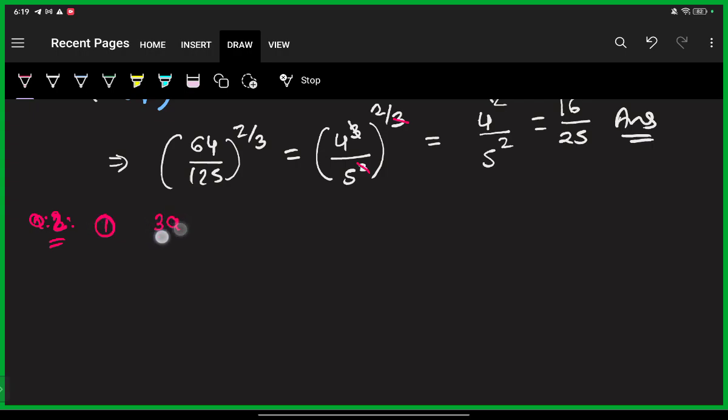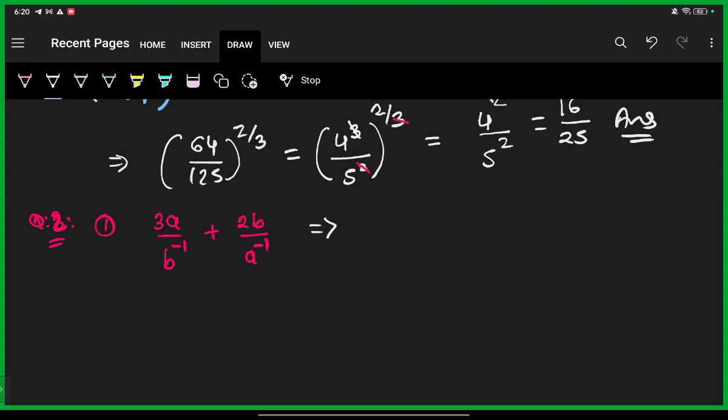3a divided by b raised to minus 1 plus 2b divided by a raised to minus 1. So tell me how we are going to solve this question. So will it be b upon 3 by 4?